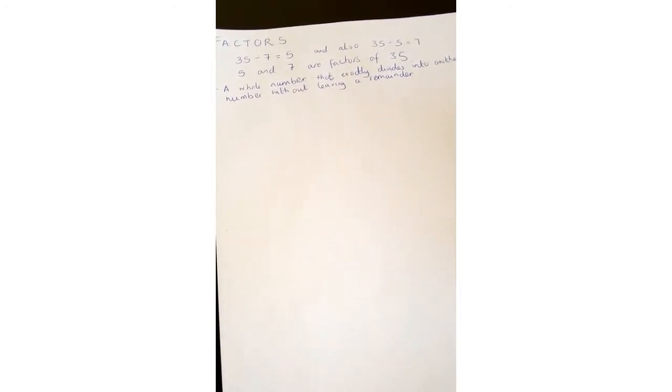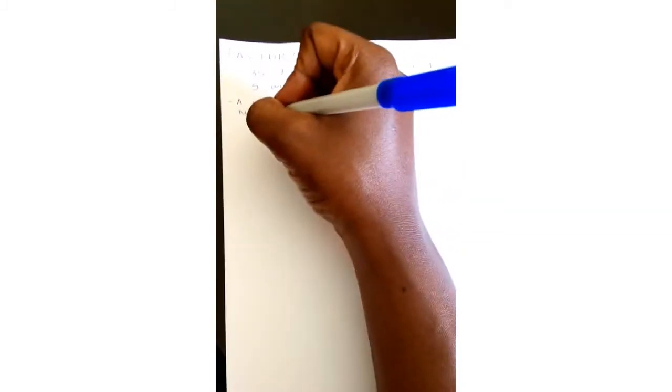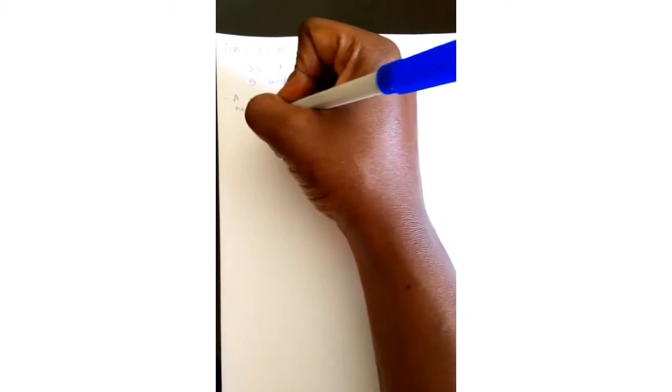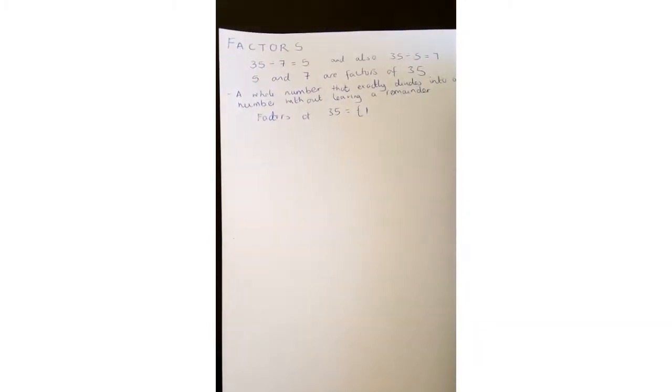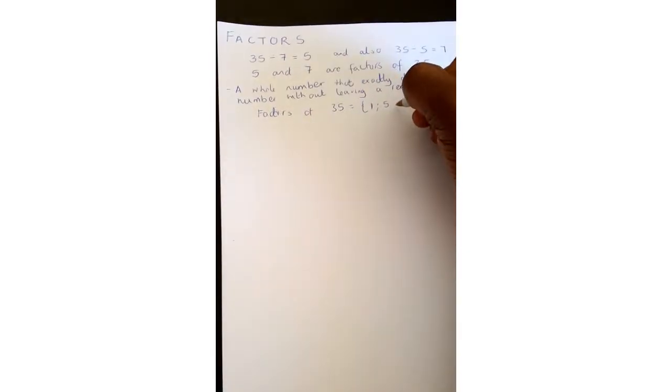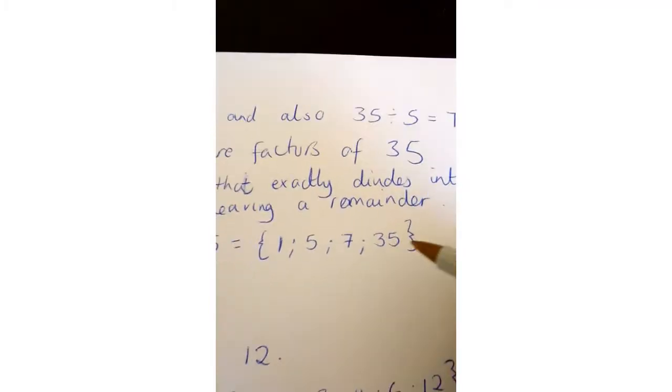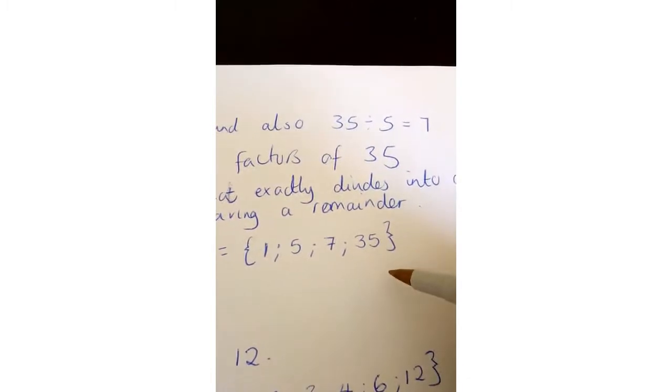So what are the factors of 35? 1 is a factor of 35. 5 is a factor of 35. 7 is a factor of 35. And 35 is also a factor of 35.